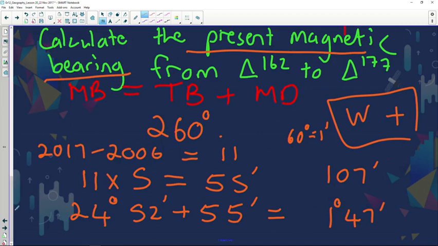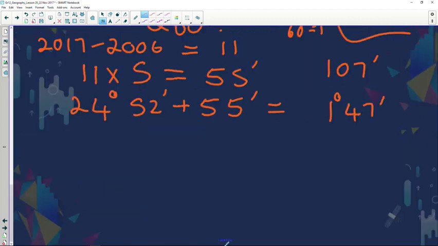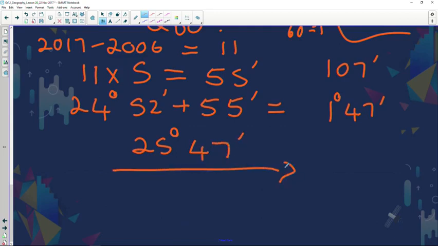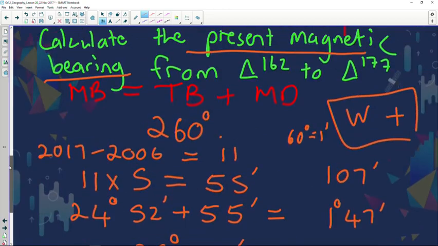So the correct answer is going to be 25 degrees and 47 minutes. That's the magnetic declination.